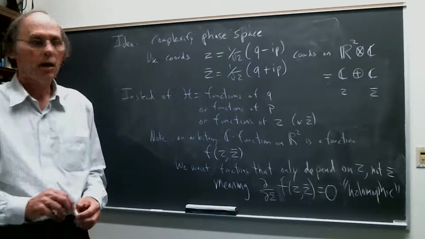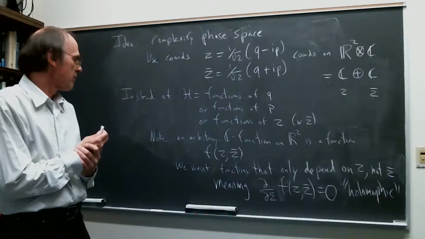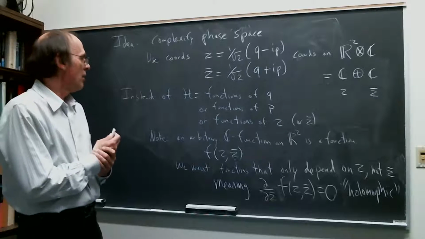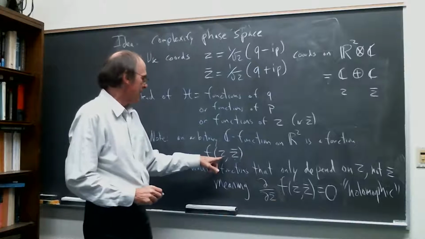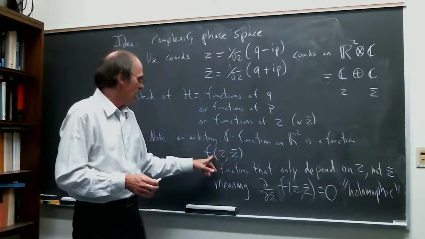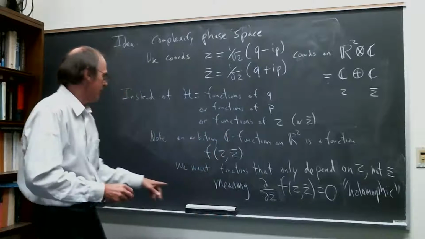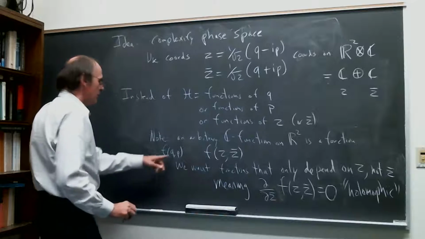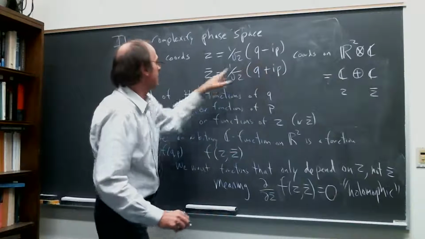Okay. So I'm still a bit confused about why we want functions that only depend on z, not z bar. Well, if you're looking at complex valued functions, and you have any function of q and p, you can just rewrite q as z plus z bar, and p as z minus z bar.